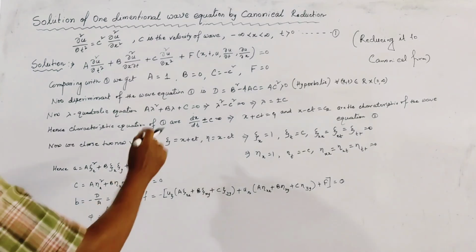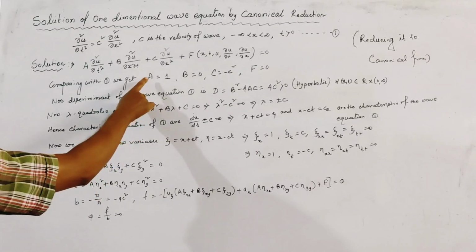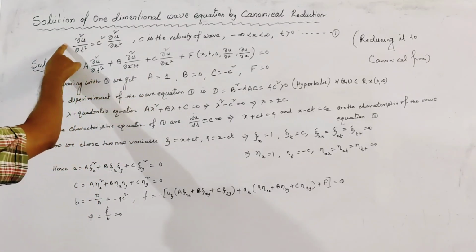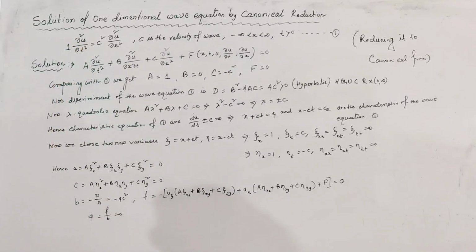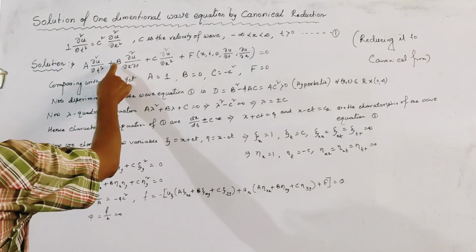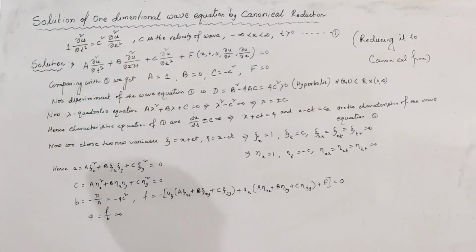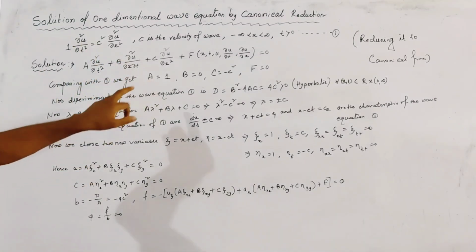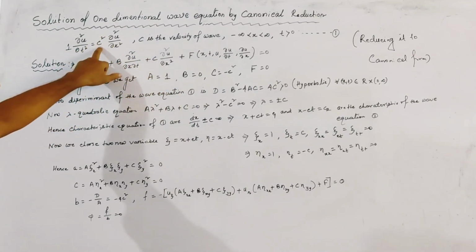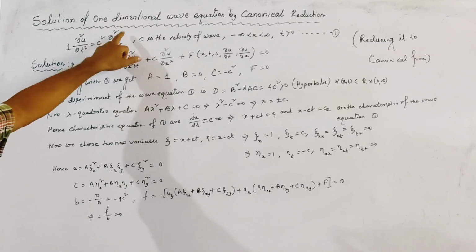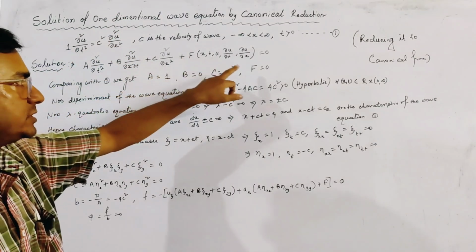Comparing this with relation 1, clearly a is equal to 1, and b is equal to 0 because there is no term of ∂²u/∂x∂t, and capital C is equal to minus c² because c² ∂²u/∂x² is present on the right side, and obviously f is equal to 0.